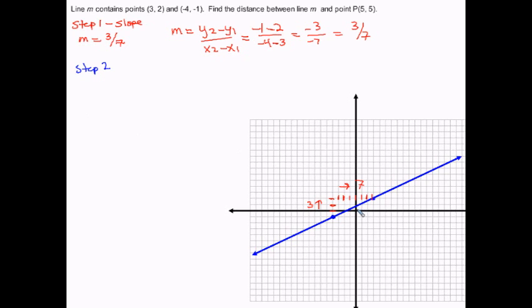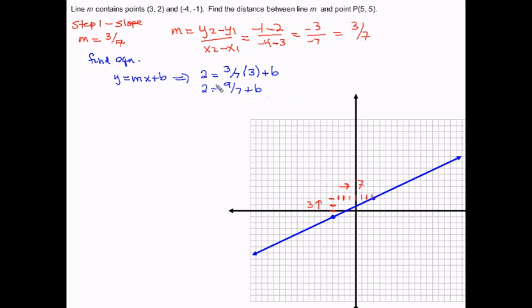Now, I'm not convinced that I'm getting a perfect point right here. So before I get into step 2, I'm going to find the equation. So I have y is equal to mx plus b. I can pick either point, so I'm going to do 2 is equal to 3/7 times 3 plus b. So 2 is equal to 9/7 plus b.